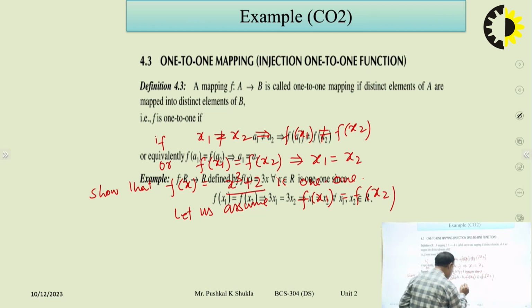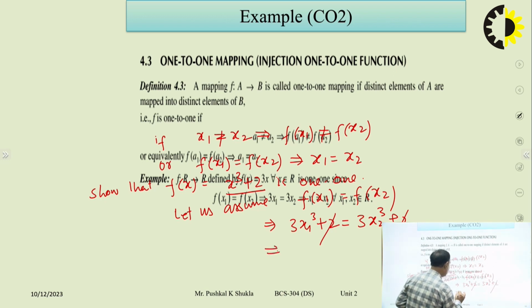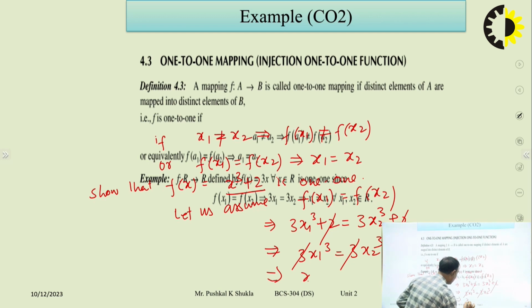So this will be 3x1³ plus 2 equal to 3x2³ plus 2. The 2 cancels out, this implies 3x1³ equal to 3x2³. The 3 cancels out, this implies x1³ equal to x2³. This implies x1 equal to x2.